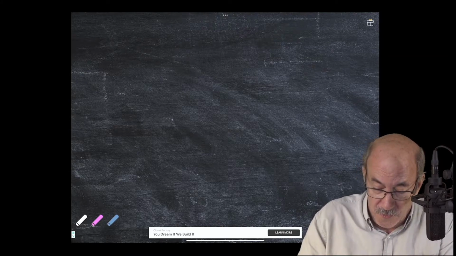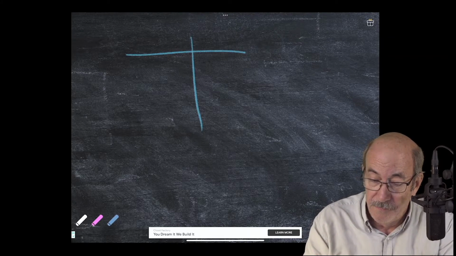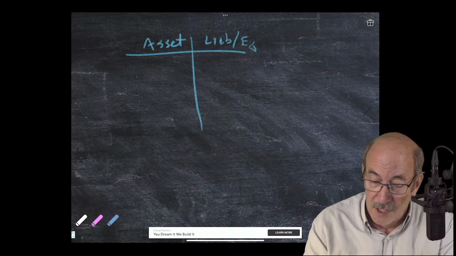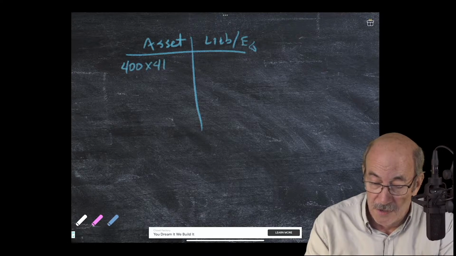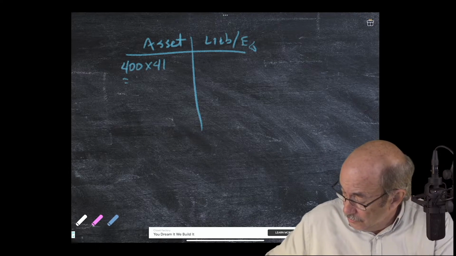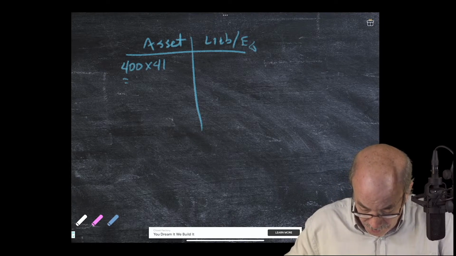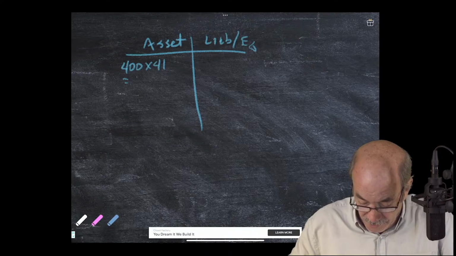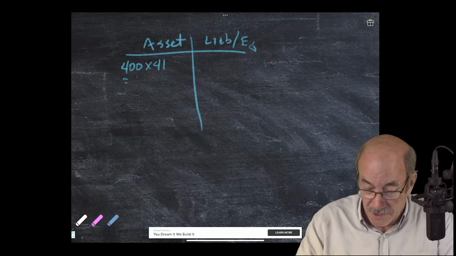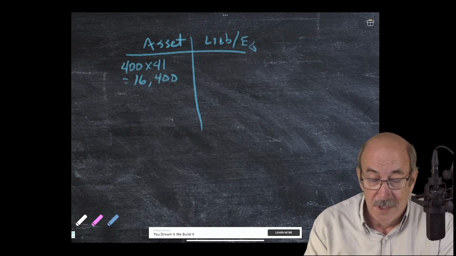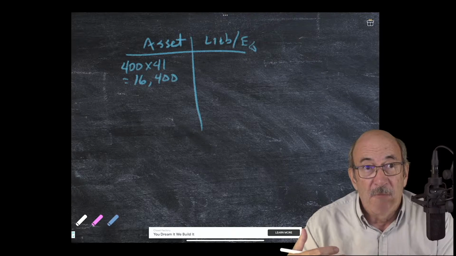So we can assume that on the asset side, we have 400 times $41, which is 16,400. $16,400. So that's before I put any of my own money into this.